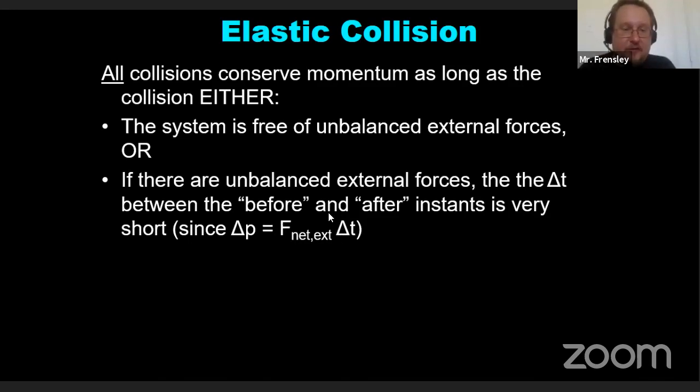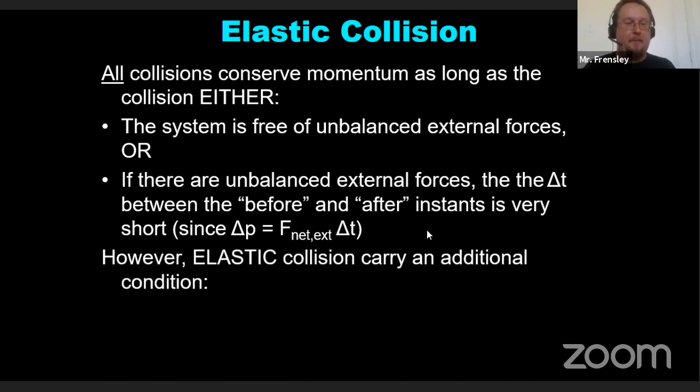So if you do have an external force like friction and your before and after are like a millisecond apart, right before and right after the collision, then the delta t is so small that the friction doesn't have time to change the momentum any. So you get to use conservation of momentum just before and just after a collision if those moments in time are instantaneously separated by a tiny amount of time, right?